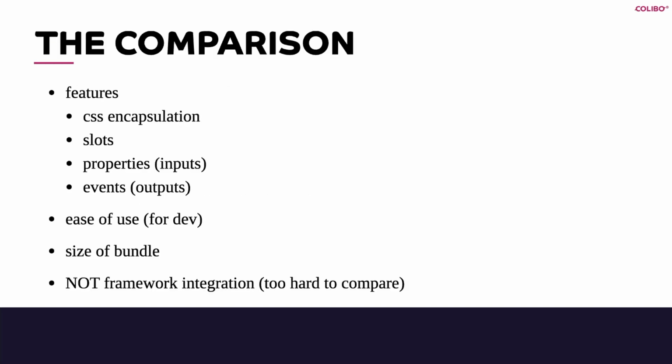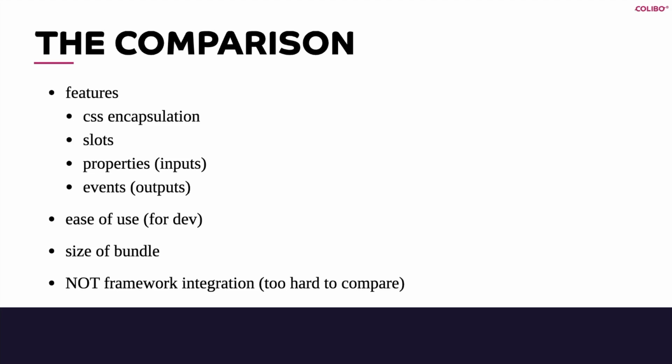And that's really what I'm going to be comparing here: how does this look? How do we score on features? How easy is this to use for the developer? And what's the size of the bundle that will actually come out of this?